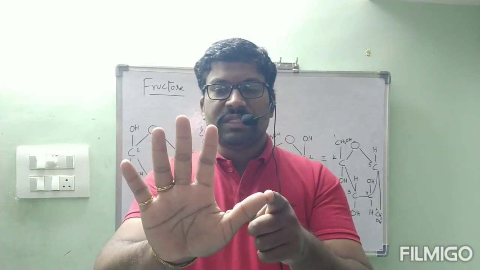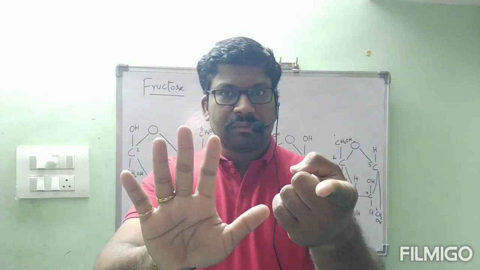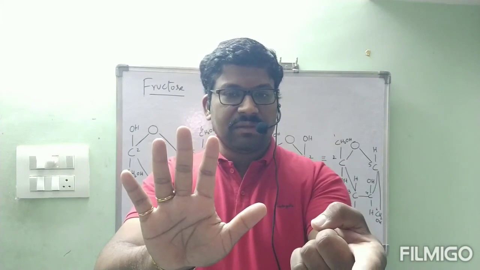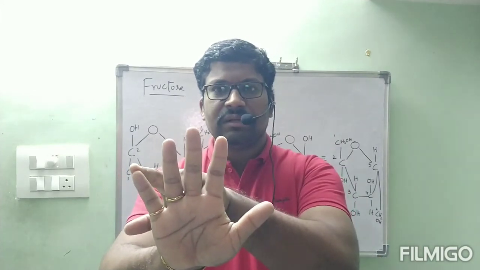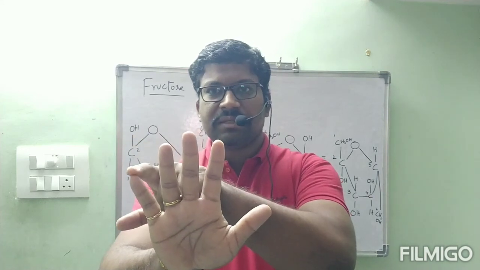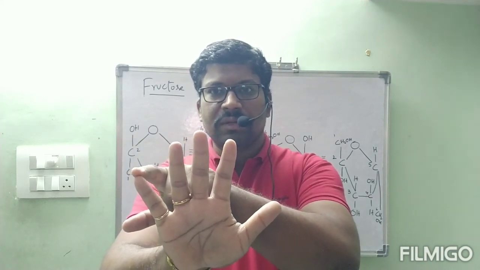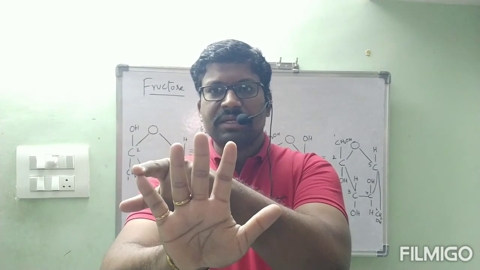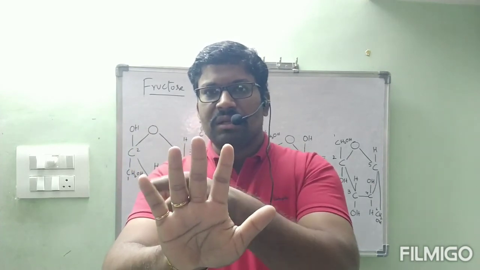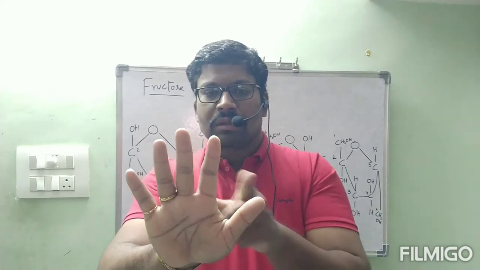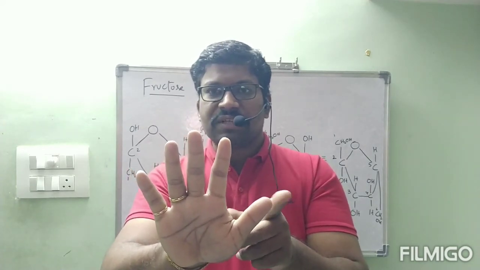The carbon which is on the left side for you will become the right side for me. This is the little finger. Let us imagine this is carbon, the fifth carbon. For you, this fifth carbon is on the left side only, na? For me, it is on the right side. This thumb is the first carbon.